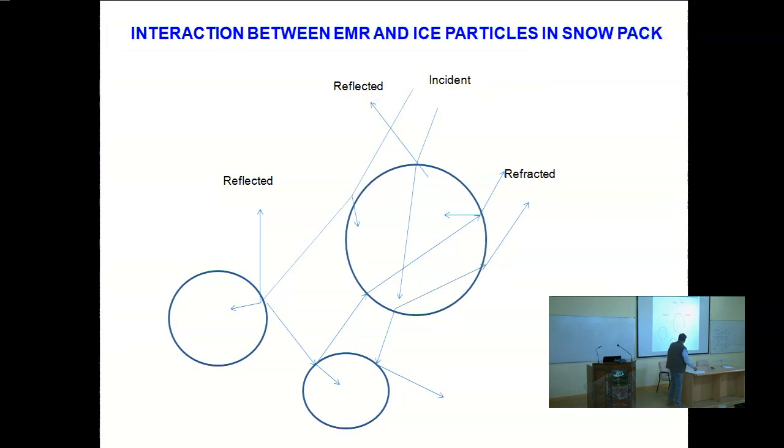The key to this problem, as we were discussing earlier, is the trapped air between the ice crystals. Fundamentally, two things have to happen if snow is to be converted into water. All the ice crystals have to melt, but that doesn't make a difference because the refractive indices of water and ice are the same.